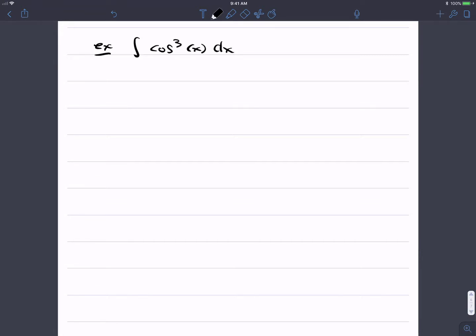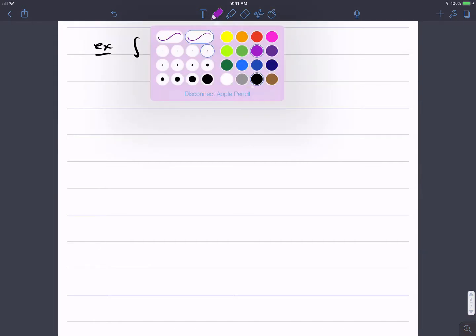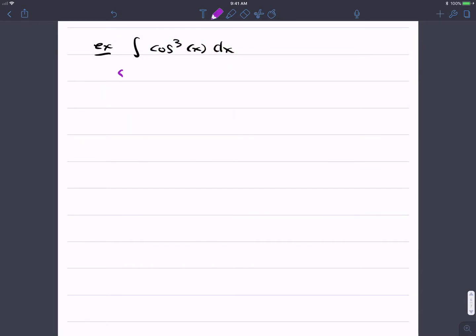Now we're going to look at this integral in the same way we did the past. In other words, this time, instead of factoring out a factor of sine, we're going to factor out a cosine. So factor out a cosine term. That gives you cosine times cosine squared.